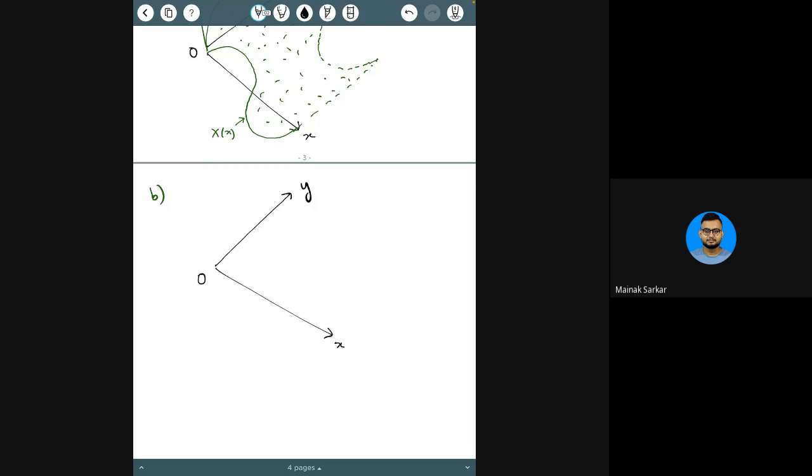So now what you will have is the n equal to 1 quantum number in the x direction and the n equal to 2 quantum number in the y direction. And then again you can draw this wave function.